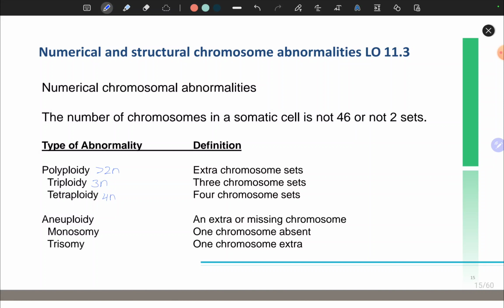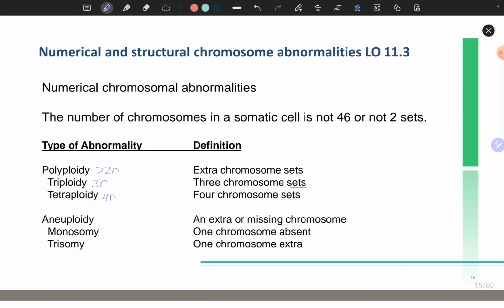This is what we call polyploidy. This is a change in the number. We have also aneuploidy. The definition of its name is an extra or missing chromosome. Either one is more or less. We call it aneuploidy.